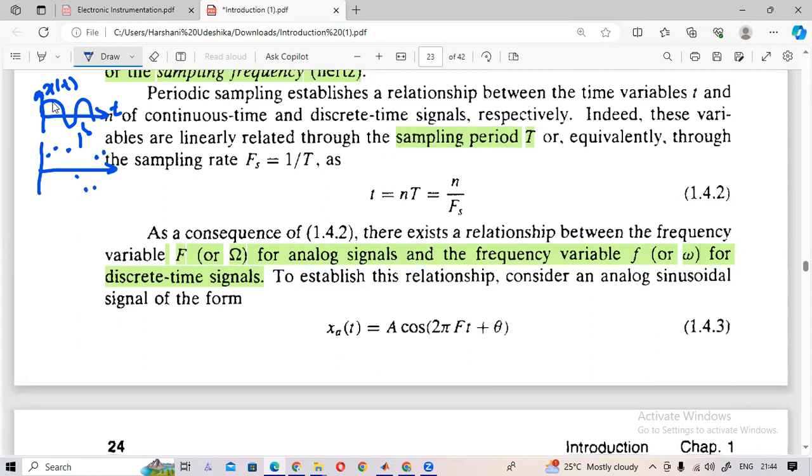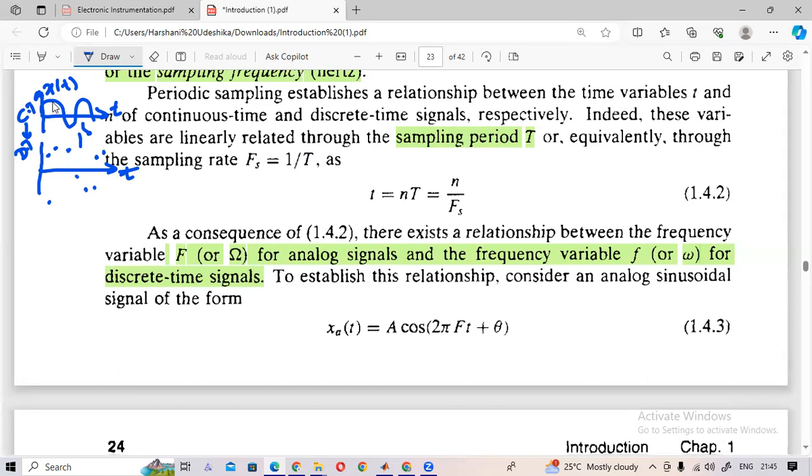You are not using the time to represent this discrete signal. So this is a continuous time signal. Once you sample it, it will be a discrete time signal. The time will be a discrete variable.